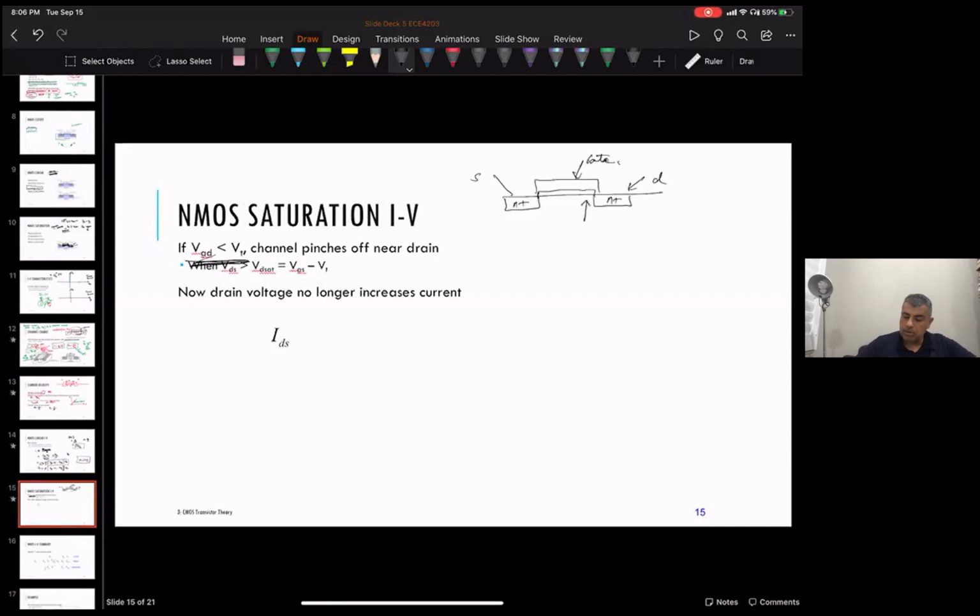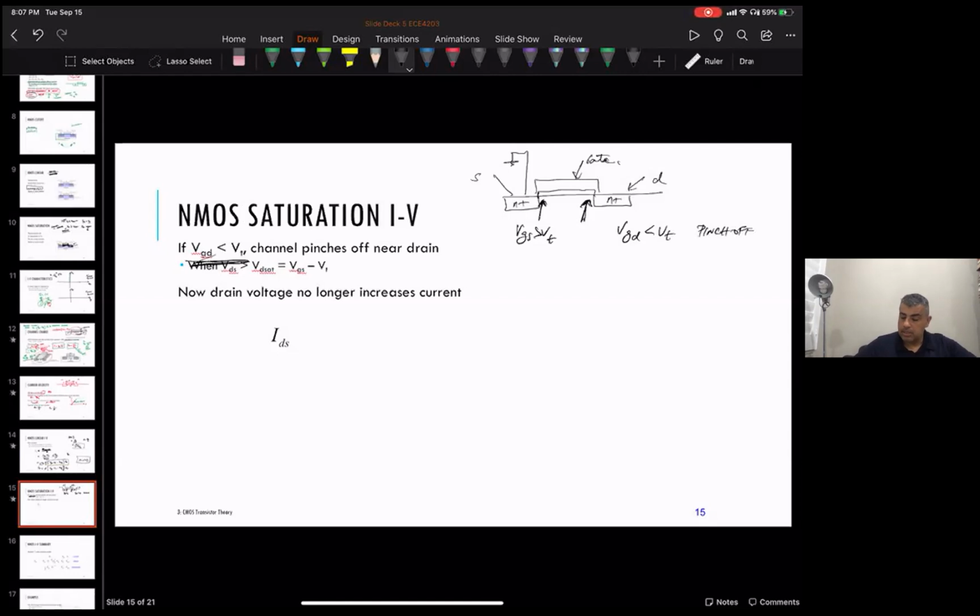Close to the source, our gate source voltage, because the source is at ground, is larger than VT, since we're inverted and on. But right at the drain, the gate drain voltage might be below a threshold. That's when you have pinch off happening and you're in saturation.